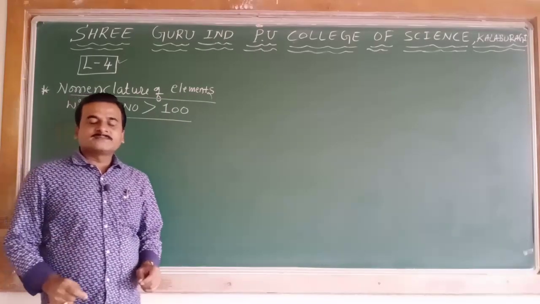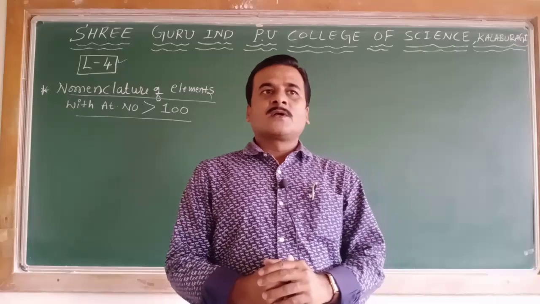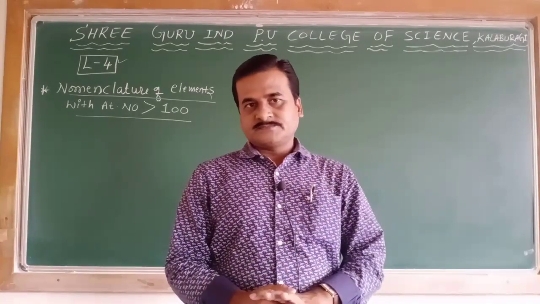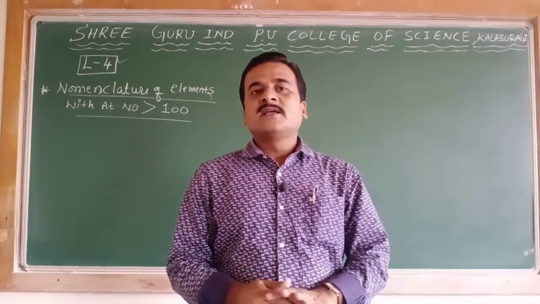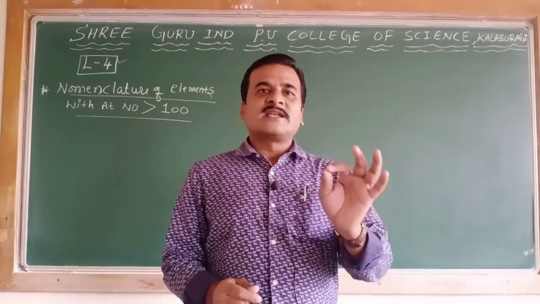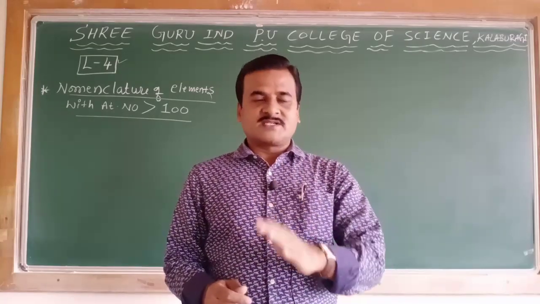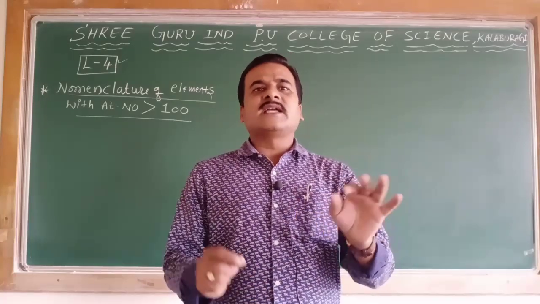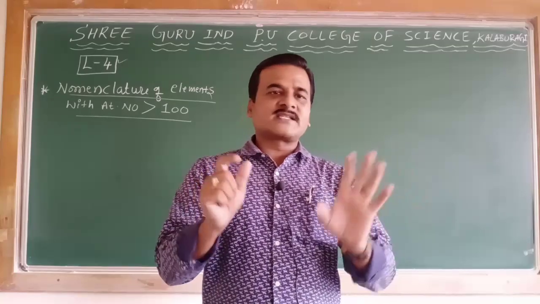Well students, in the periodic table, the elements were named by the discoverers. Normally the elements were named by discoverers, and those names suggested by discoverers were as such accepted by the IUPAC system.